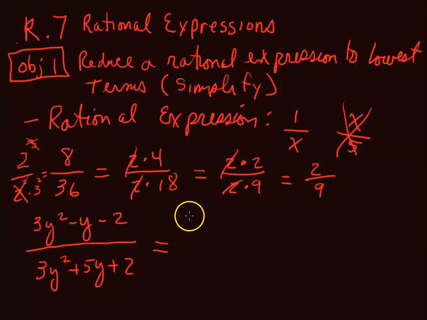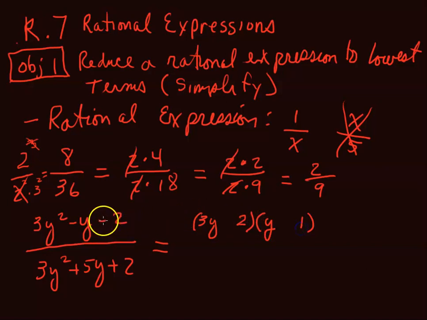So the reason we learned how to factor? So we can reduce rational expressions. How do we factor this numerator? Let's see. I remember trinomials. That's 3y times y. That's how we get 3y squared. And the only way to get 2 is 2 and 1. But I need to get a 1 for the middle term. So I'm going to put a 2 here and a 1 here.